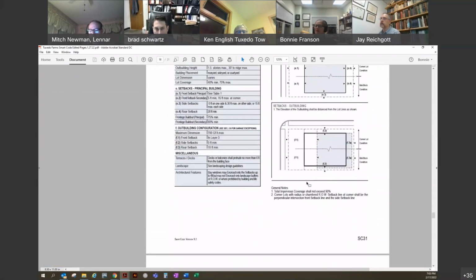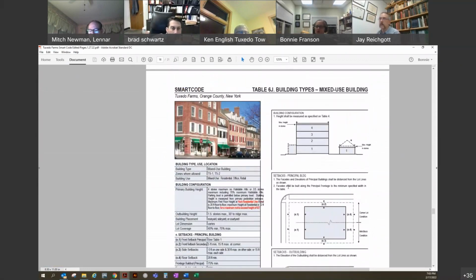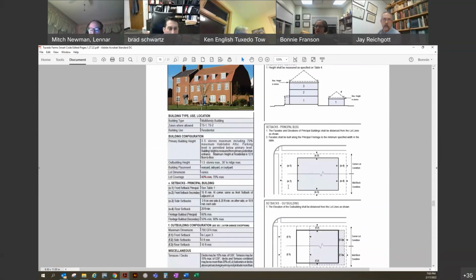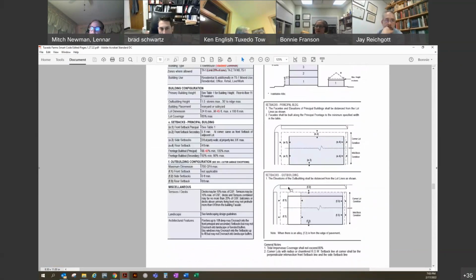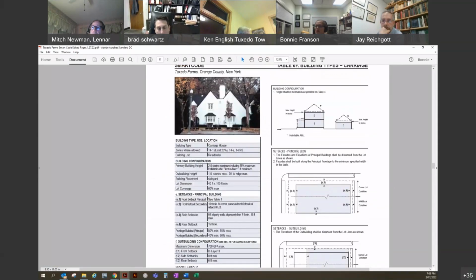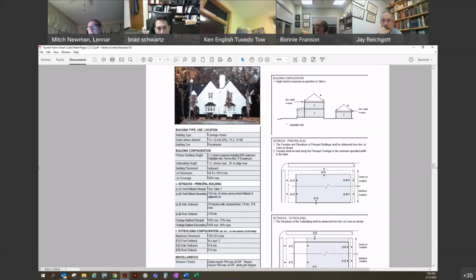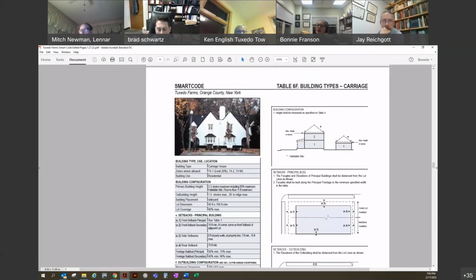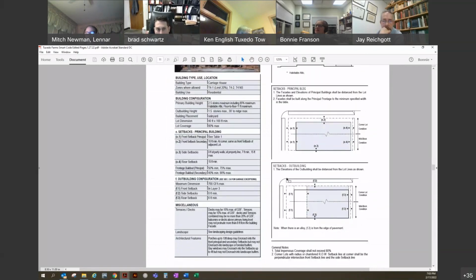And again, you all have the full SmartCode. This isn't the full SmartCode that the applicant provided. This is the pages excerpted as far as what there was a desire to change. On this particular one, I did note in my comments that for the carriage, I didn't see any changes.